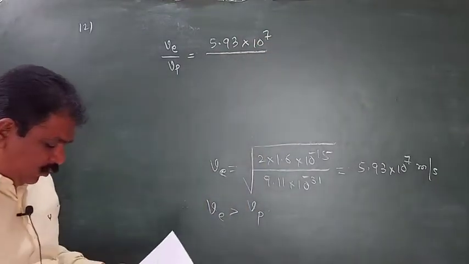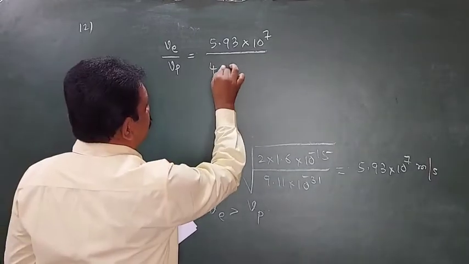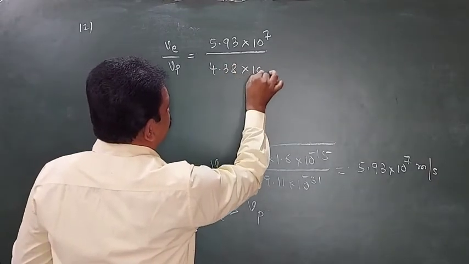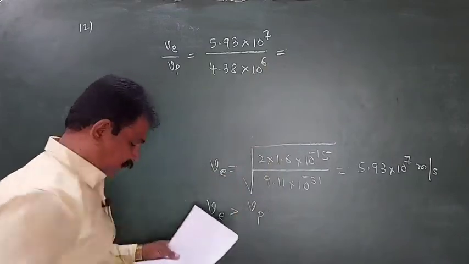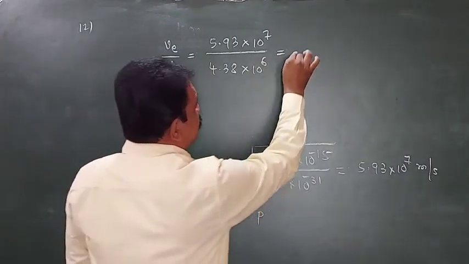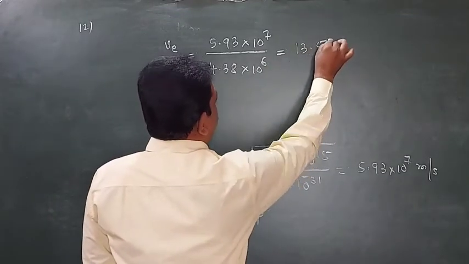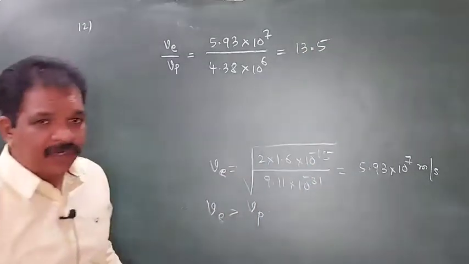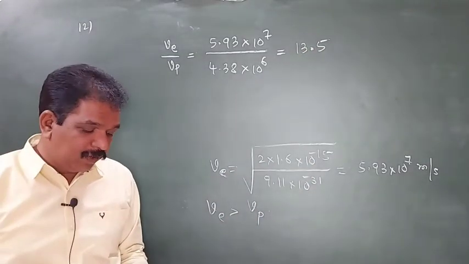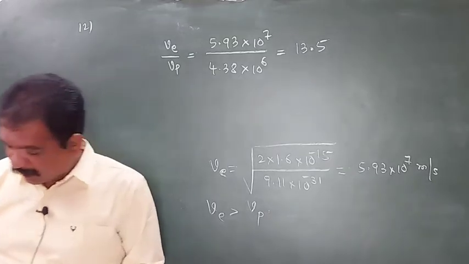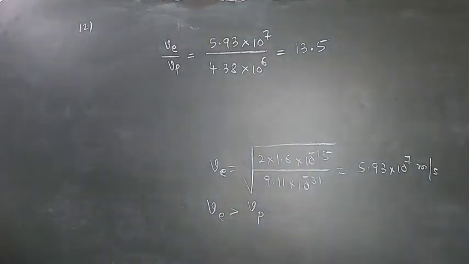V_p value is 4.38 into 10 power 6. If we calculate this value, we get 13.5. So the ratio is 13.5. Okay. Next, see the next problem.